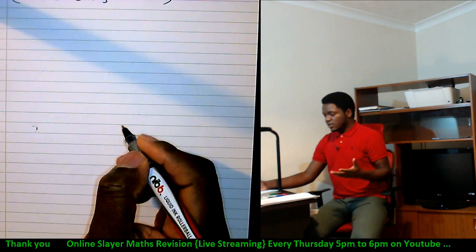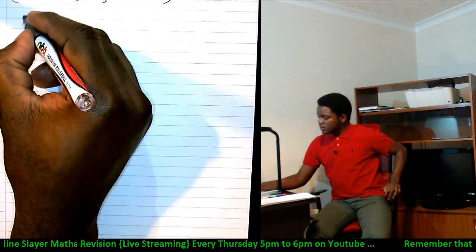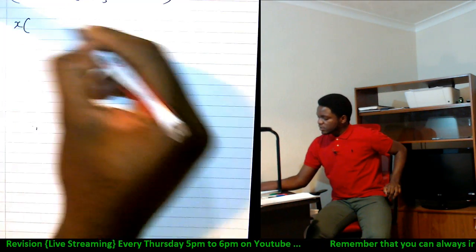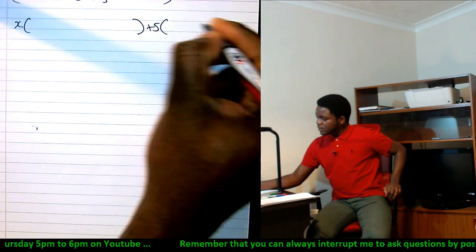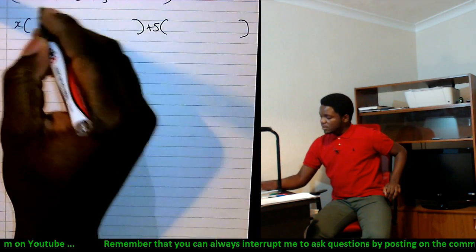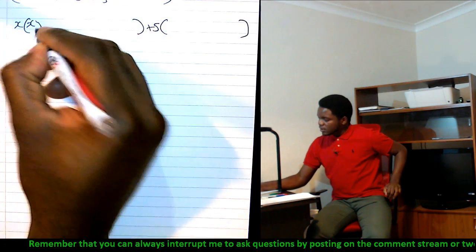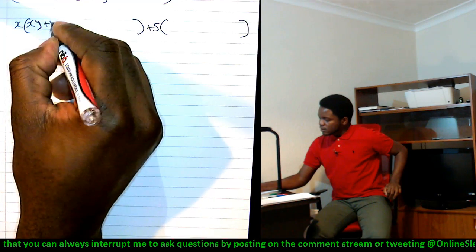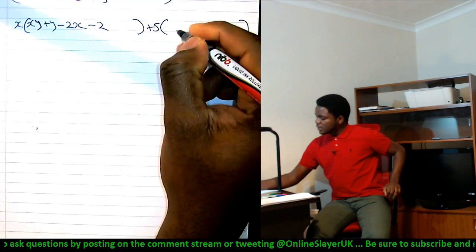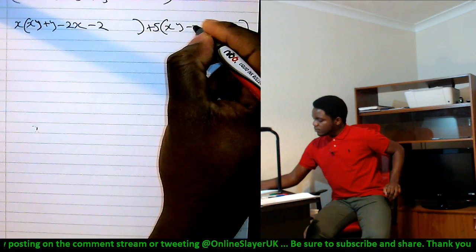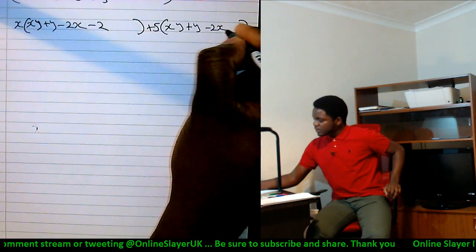Like we did in the other problems, okay? It's going to be x multiplying what you've got there plus 5 multiplying the same thing. This is xy plus y minus 2x minus 2, and this is xy plus y minus 2x minus 2.